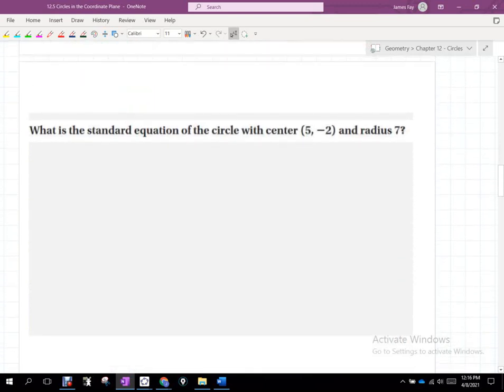Once we have that, basically what you need to know for the end of course exam, when they present this type of stuff to you, if they do, they have in the past, is that my formula is X minus H squared plus Y minus K squared equals R squared. This is H, and that's K. Okay, it's alphabetical too. That might be a way to remember, because some people in the past get them confused.